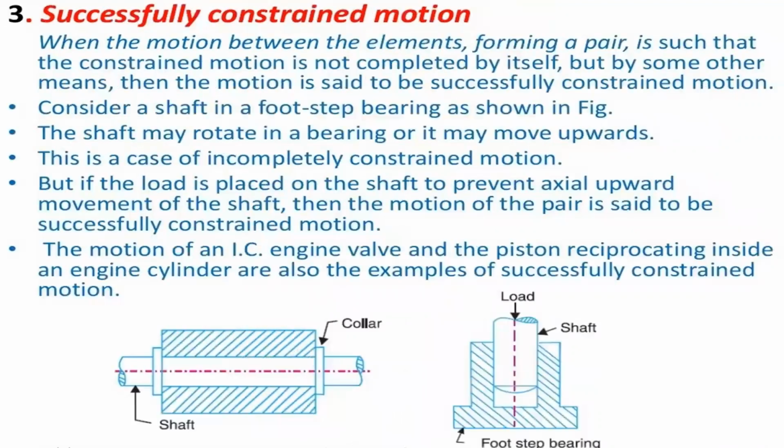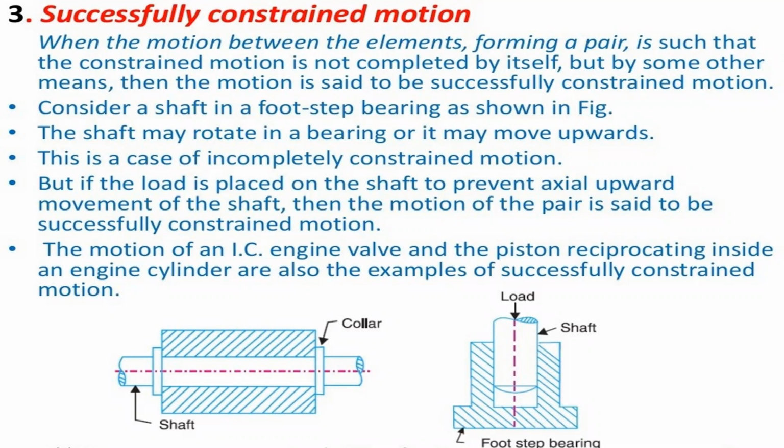Third one is the successfully constrained motion. So these are all the different types of constrained motions evaluated in the types of mechanisms. There are different types of mechanisms applied to it.